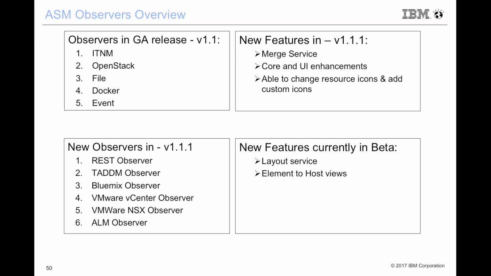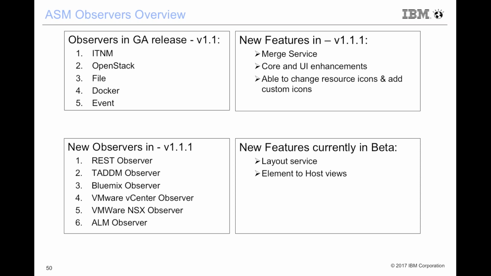We have a Docker observer which initially just monitored ASM itself, but it's becoming more generic, and you could monitor other applications running in discrete Docker engines. So I can probably show some of that in the demo. But in essence, that will show whether all the containers within ASM are up and running. And the event observer we already briefly talked about, which is consuming events from Omnibus via the XML gateway.